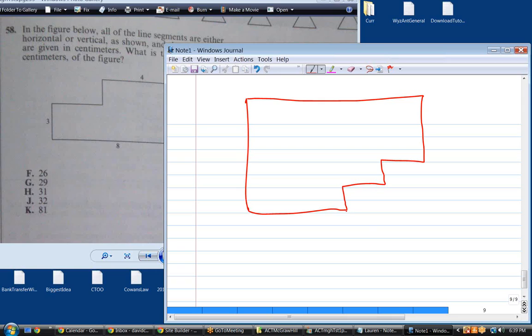Notice why it wouldn't change. This little bit right there is that little bit right there. This little bit up here is that little bit right there. The horizontal part there is that part right there, and this horizontal part is that part right there. So notice the perimeter of the full rectangle is the same as the perimeter that has this corner cut out.